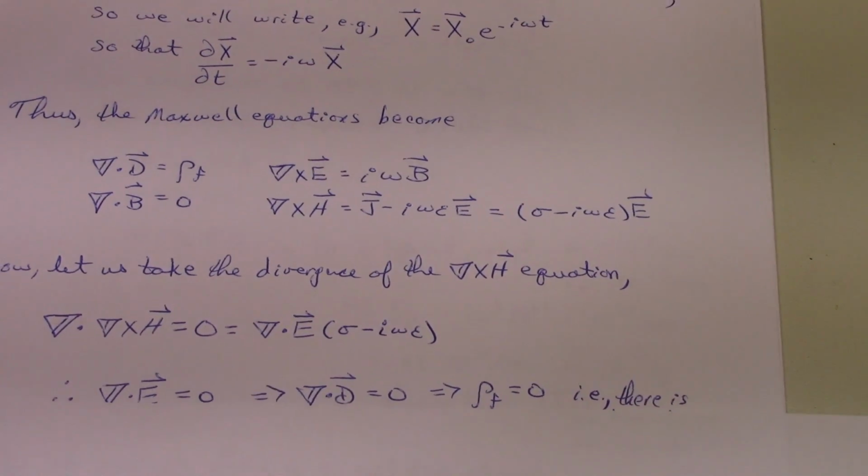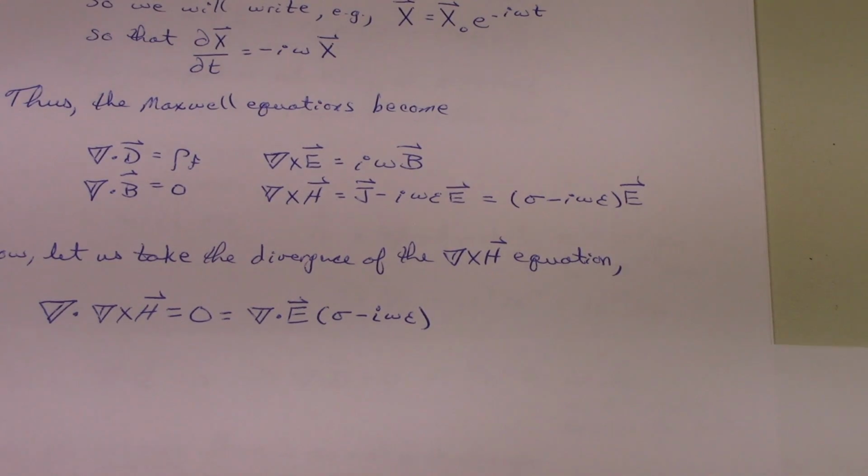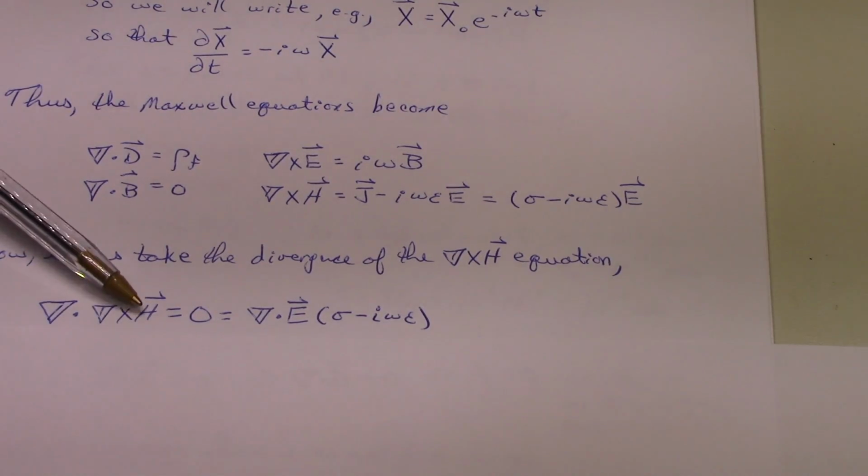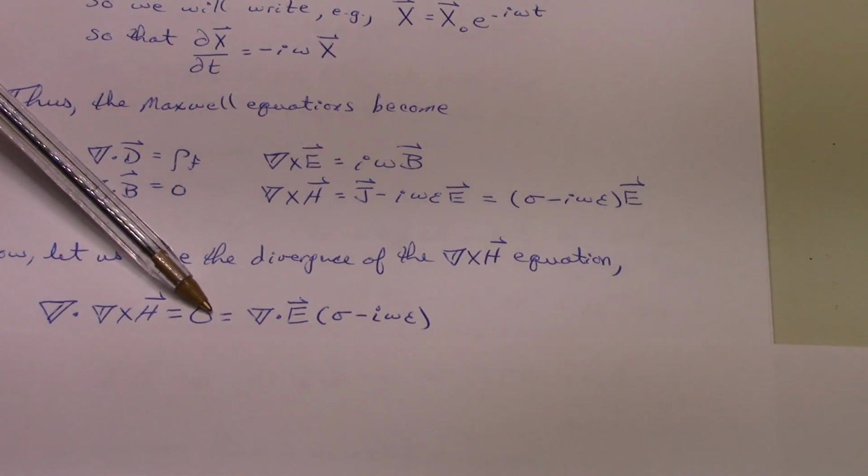But the first thing that we're going to do is take the divergence of the curl equation. The reason we're going to do that is to show an interesting result that we'll need as we go along here. So taking the divergence of the curl of anything is always equal to 0.